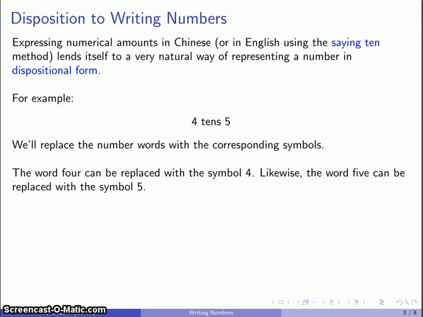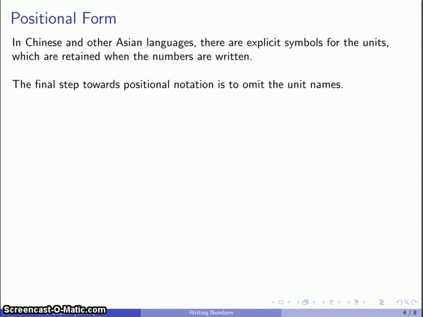This is exactly how you would write the number in Chinese using the corresponding Chinese symbols for 4, 10, and 5. Now, to go from the dispositional form to our own positional system of numeration is a very small step. We just drop the unit names. For example, let's say I want to write down the number 6 hundreds 4 tens 8.